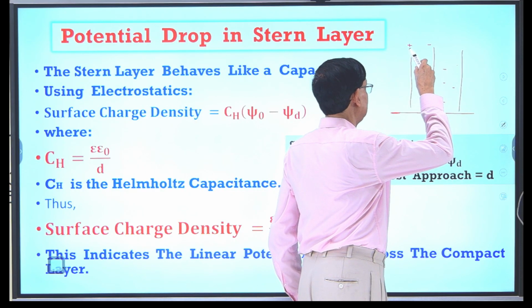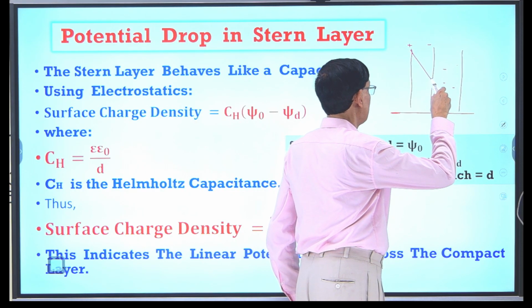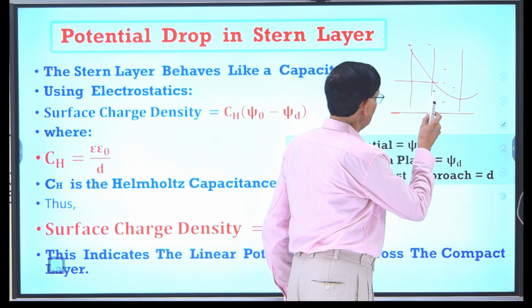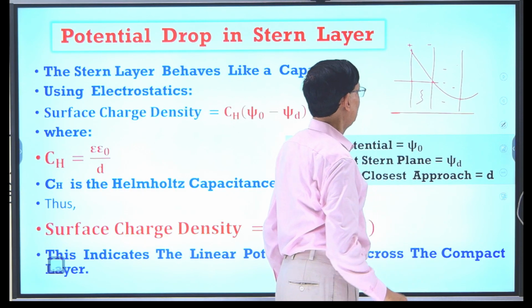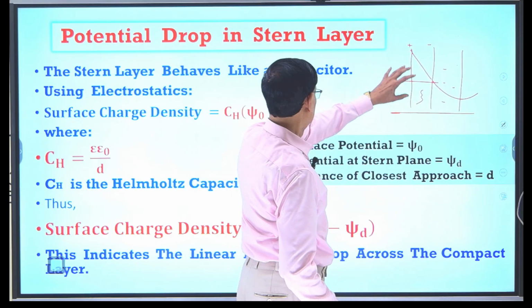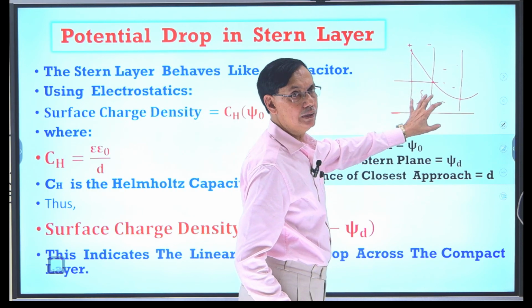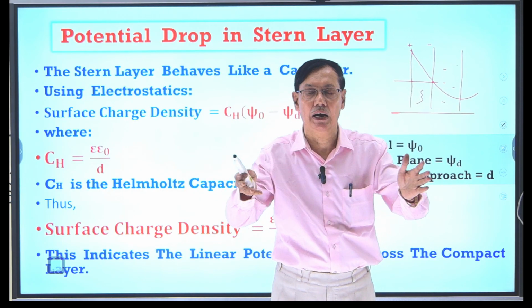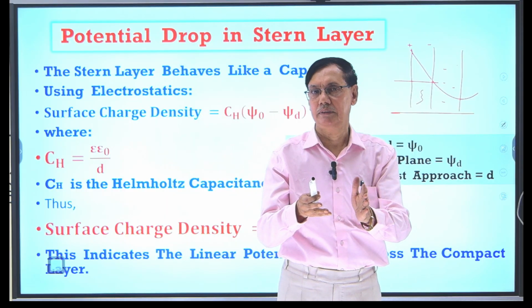So there is a potential drop, and we can also calculate the beta potential. I will not explain this thing. So this potential drop is important. And why does this potential drop occur? Due to the separation of the ions. Separation of the ions. Okay.